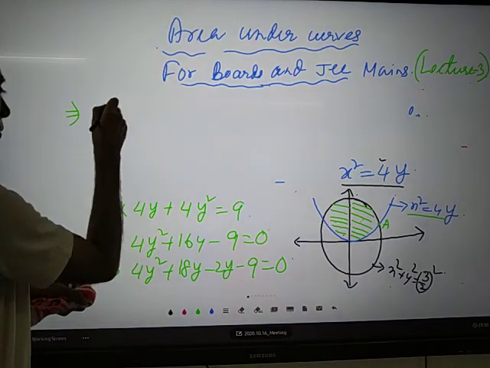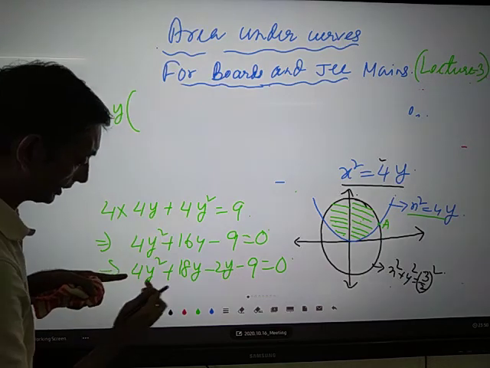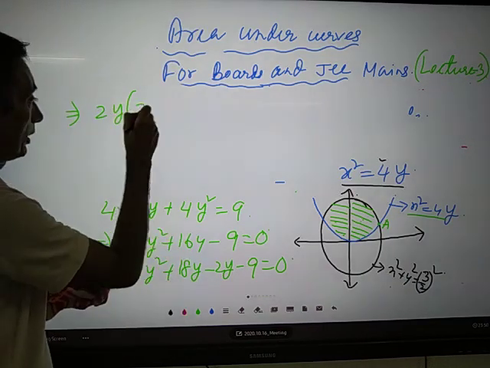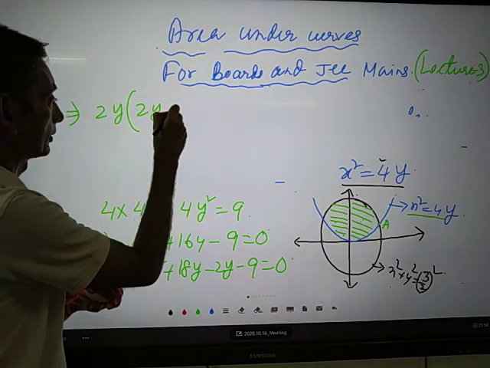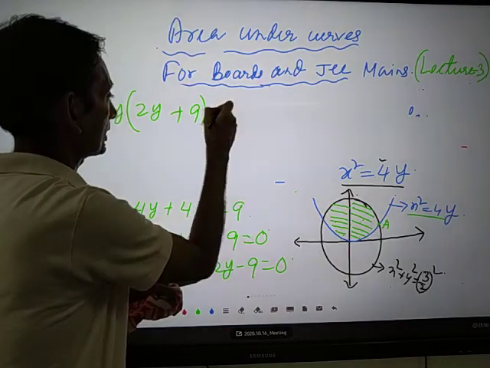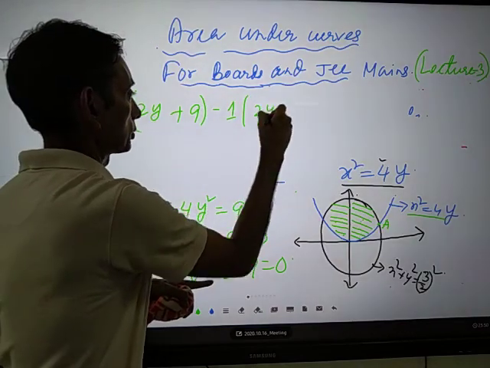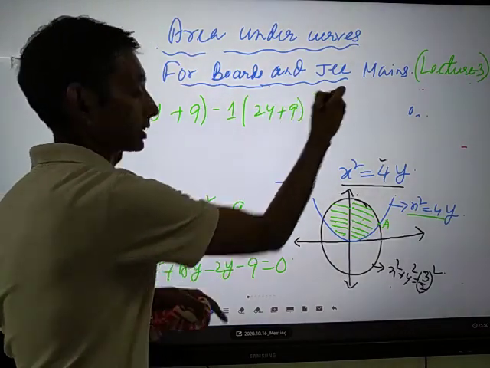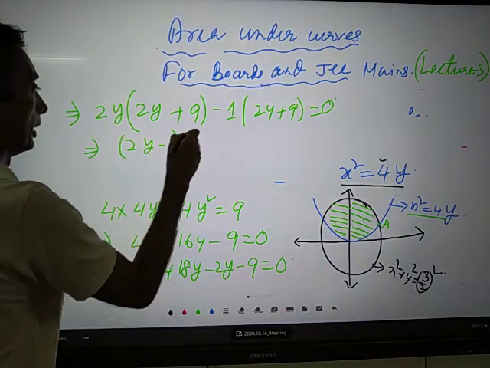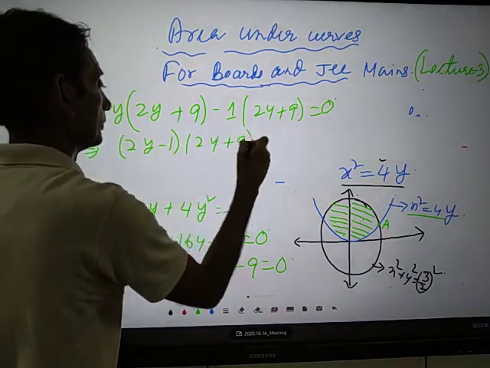We'll take 2y common, because 2y is a common factor between these two terms. Then it gives us 2y plus 9, and for the remaining two terms, you can just take minus 1 common. So twice y plus 9 is equal to 0. This implies (2y minus 1)(2y plus 9) is equal to 0.